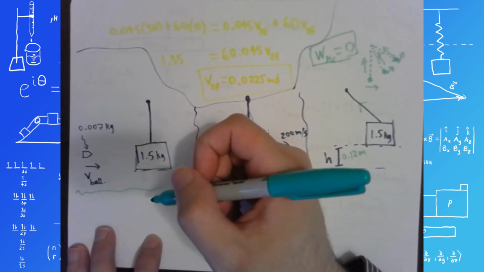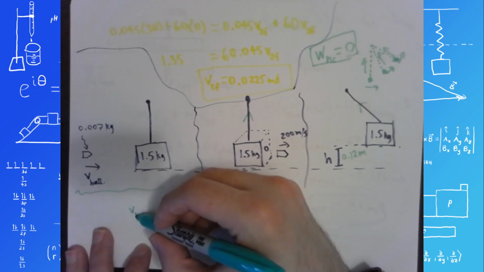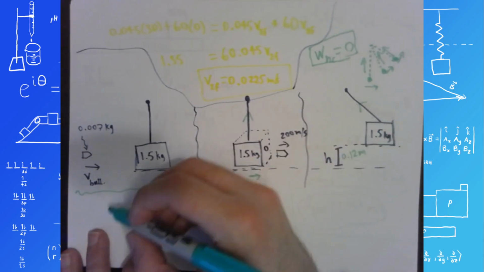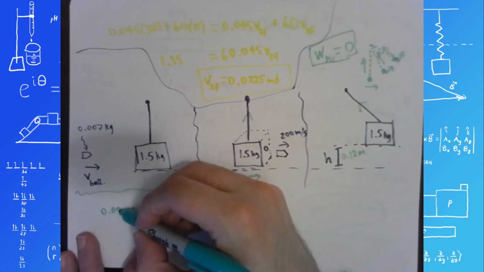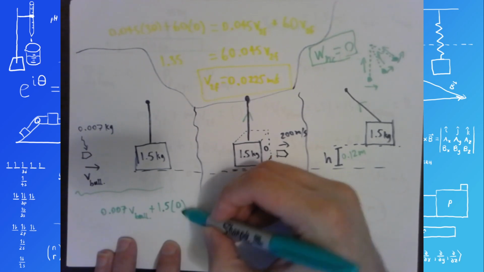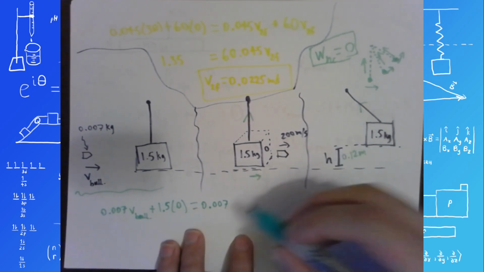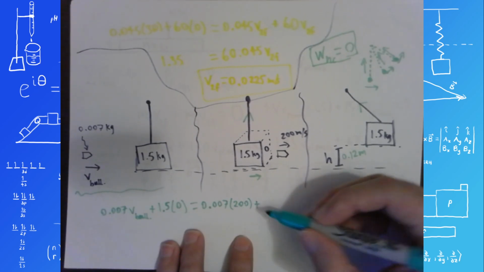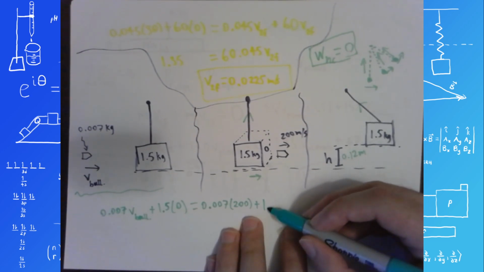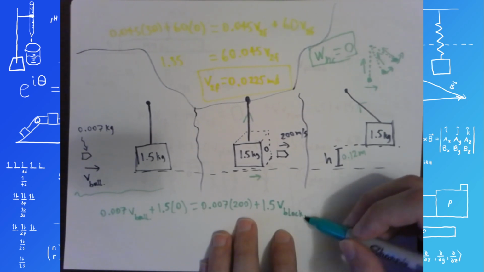So conservation of momentum would tell us V bullet initial, I guess that would be more precise, times the mass of the bullet, which is 0.007, plus 1.5 times 0 is equal to 0.007 times V bullet final, which is 200, plus 1.5 kilograms times, I'll call it V block initial.